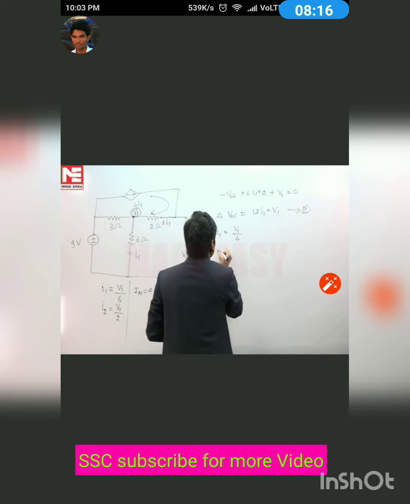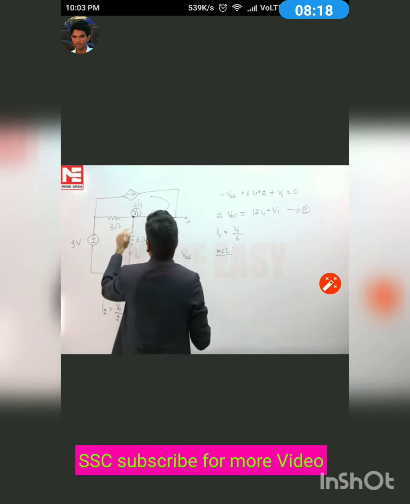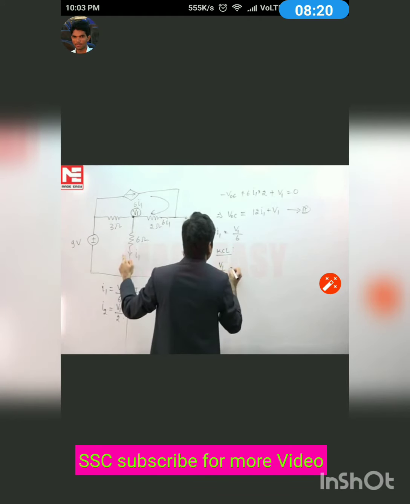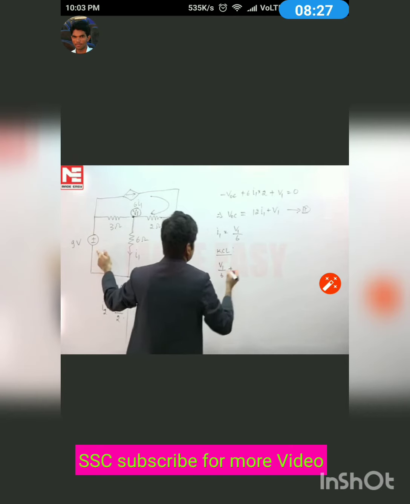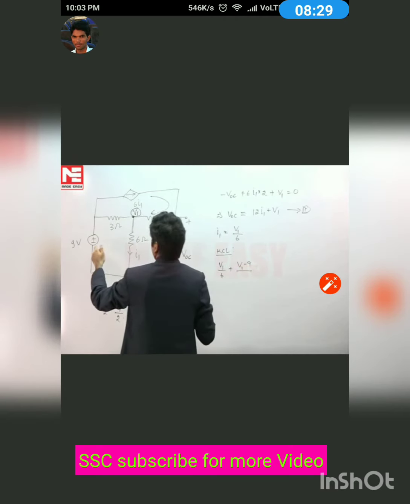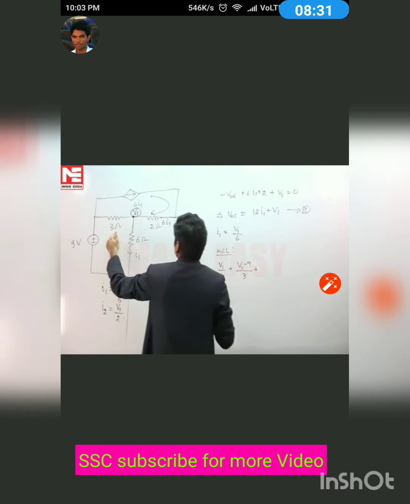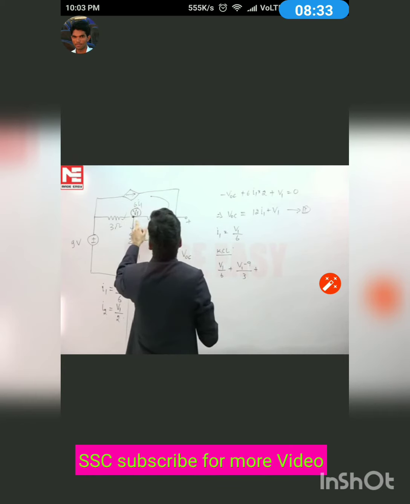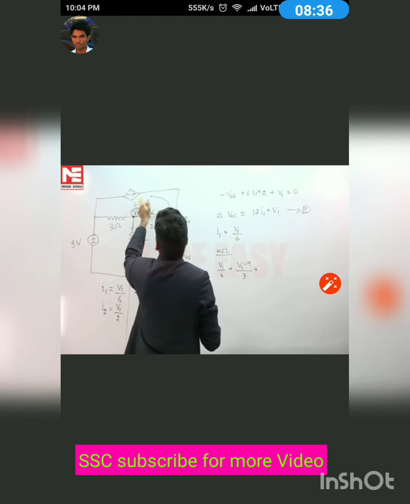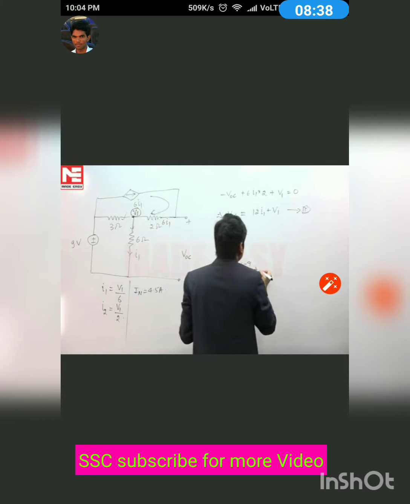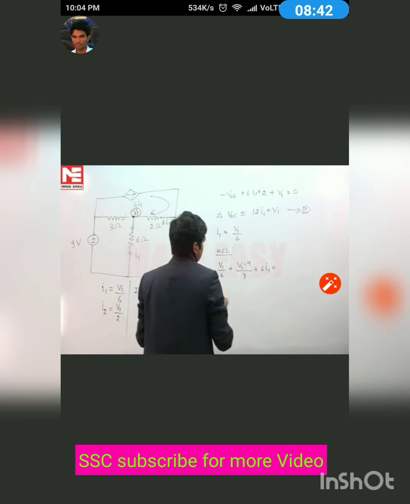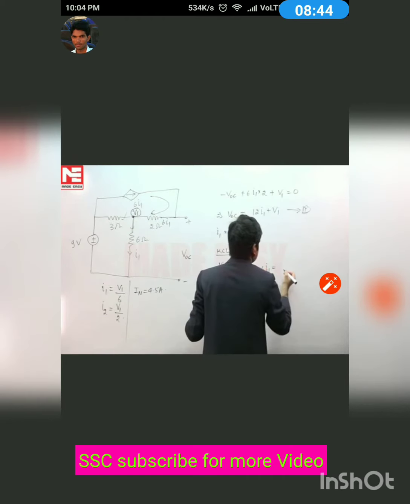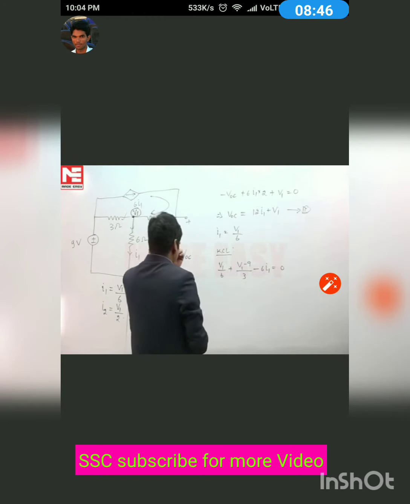Then KCL will give us V1 by 6 plus V1, this V1 minus 9 by 3, this and this, plus V1, this is the current 6 I1 plus 6 I1, it is entering, so it will be minus 6 I1, minus 6 I1 is equal to 0.